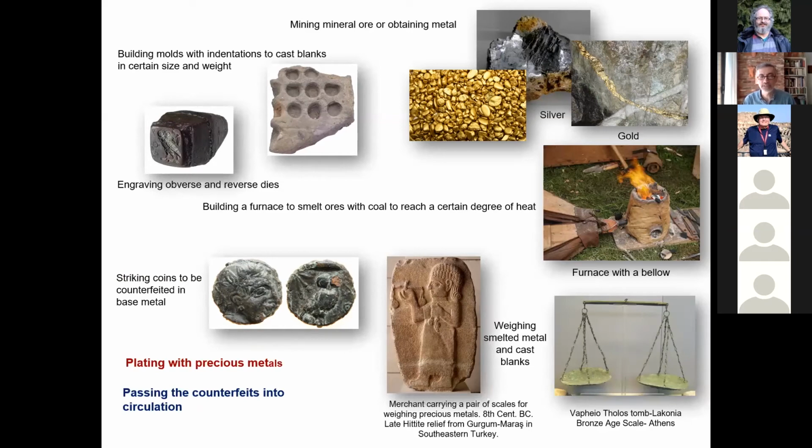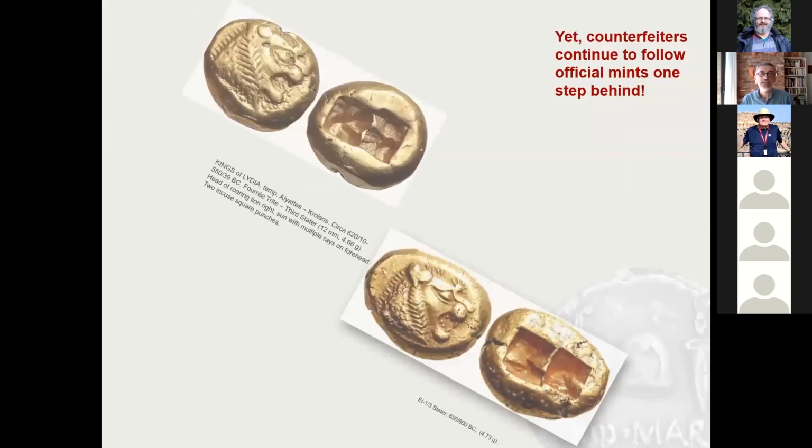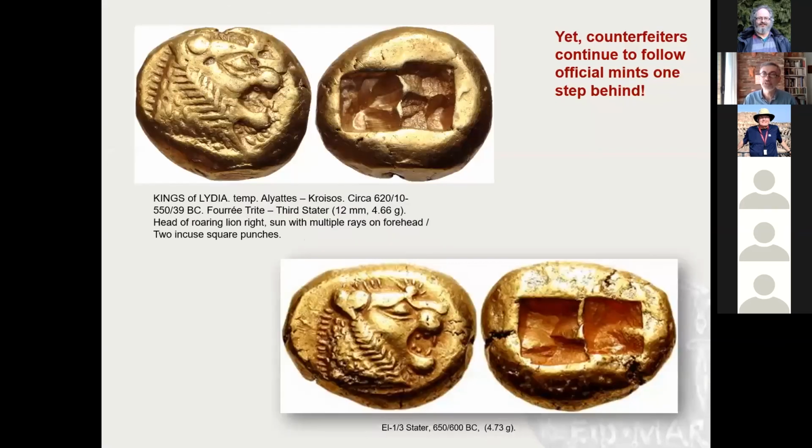It's a very, very sophisticated process, even though it looks quite doable. I've always suspected that counterfeiters were not ordinary people, and if not, the mint workers themselves. Yet counterfeiters continue to follow official mints one step behind, I say.